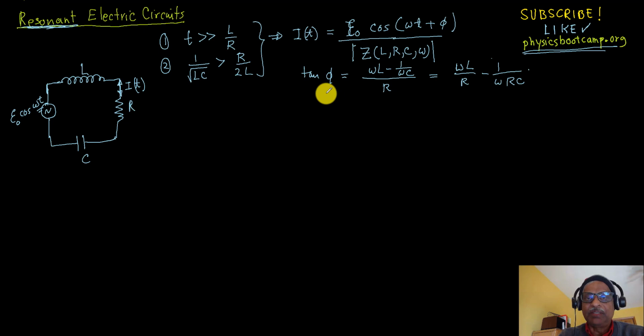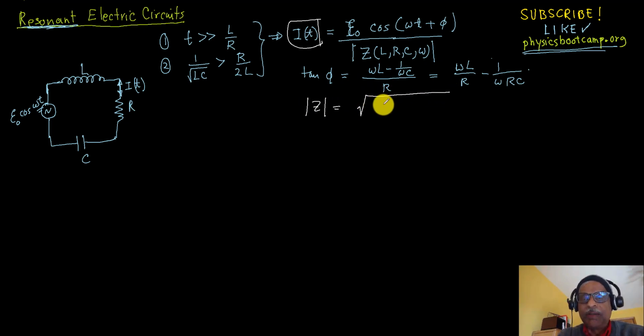The resonance of this current quantity corresponds to what this Z looks like. This Z is actually a square root of R square plus this quantity square, if you write the numerator and denominator like this.